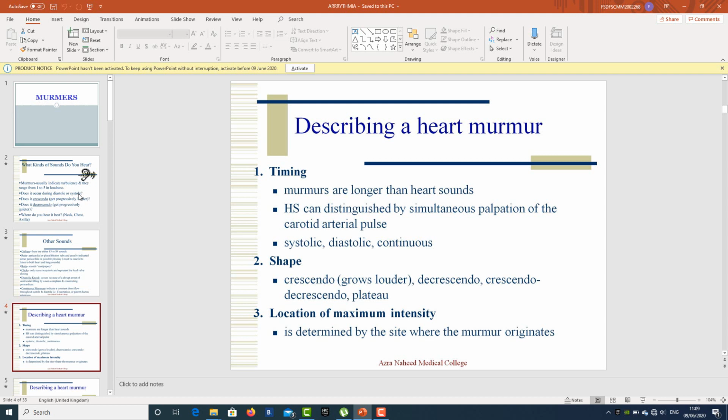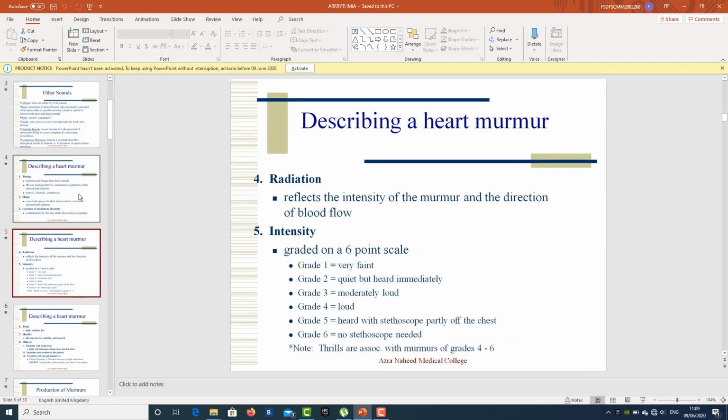The shape: they are crescendo, that is, they grow louder, or decrescendo, they go quieter, or crescendo-decrescendo, or have a plateau. Location of maximum intensity is determined by the site where the murmur originates. Radiation reflects the intensity of the murmur and the direction of blood flow.